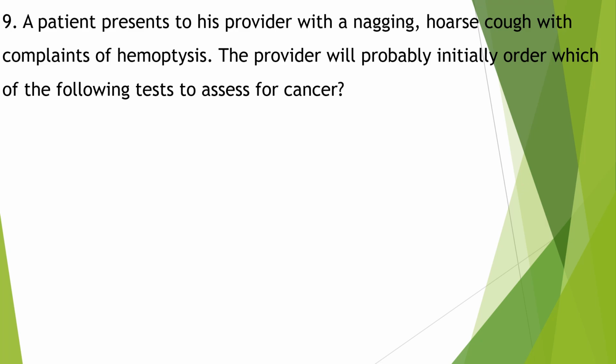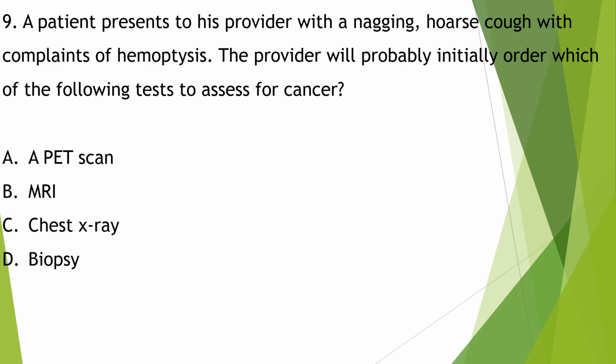Next, a patient presents to his provider with a nagging hoarse cough with complaints of hemoptysis. The provider will probably initially order which of the following tests to assess for cancer? Is it a PET scan, MRI, chest X-ray, or biopsy? Chest X-ray will allow the provider to visualize the chest structures and assess for the presence of any masses.